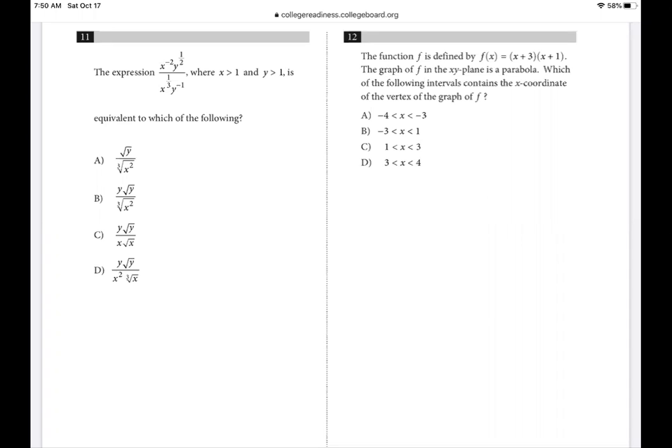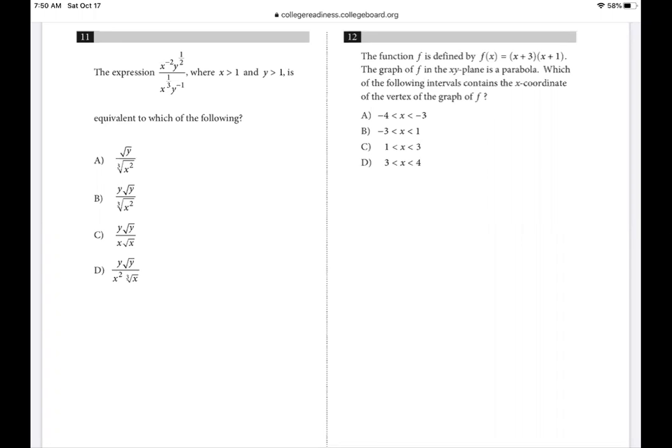So for number 11, if you're looking for a hint, it would be a couple reminders. One, if you have a negative exponent, it can simply be changed to a positive exponent if you switch it to the other side of the fraction. And the other one is to remember that if you have a fraction for an exponent, it can be converted to radical form, to a root.